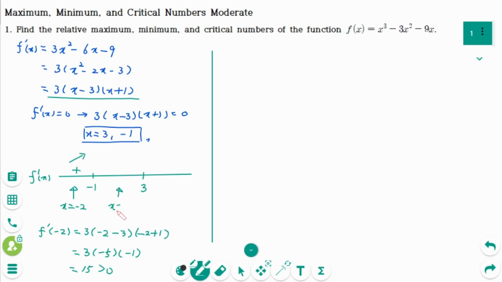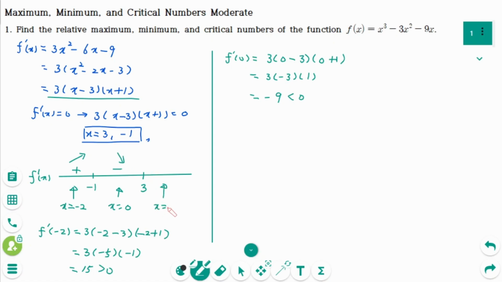When the testing number is 0, then f prime of 0 equals 3 times 0 minus 3 times 0 plus 1 equals 3 times minus 3 times 1 equals minus 9, which is negative.